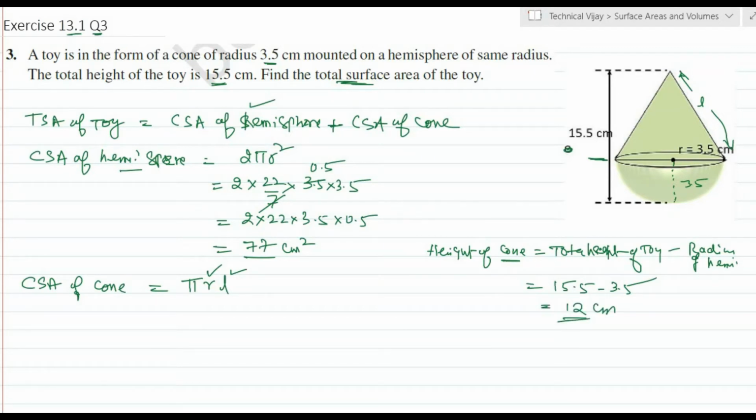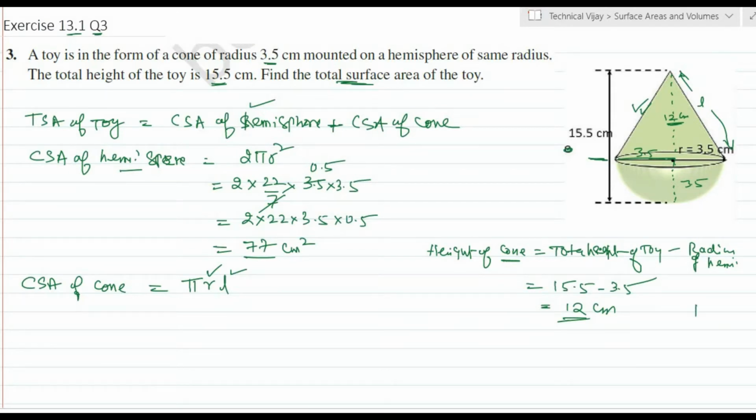So this is the height of the cone, 12 centimeter. But we want l. We know this 12, and we also know this 3.5. So we can apply the Pythagoras theorem to find this l.